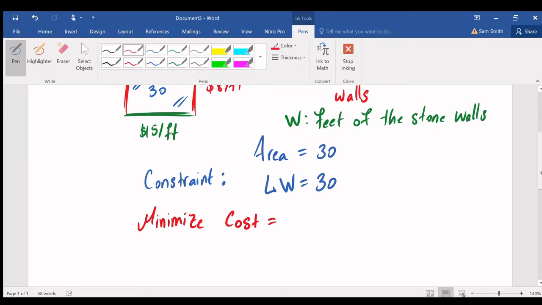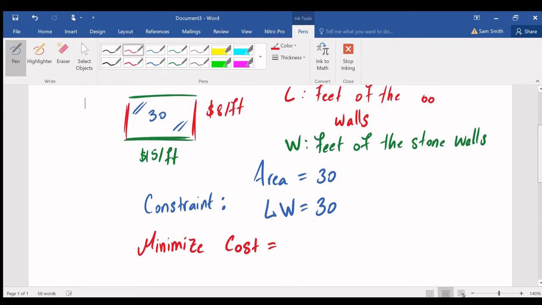Now, if I have L feet dedicated for the length in the wooden wall direction, and it costs $8 per foot to build a wooden wall, then the left wall is going to cost $8 per foot times the L feet of the wall on the left side.